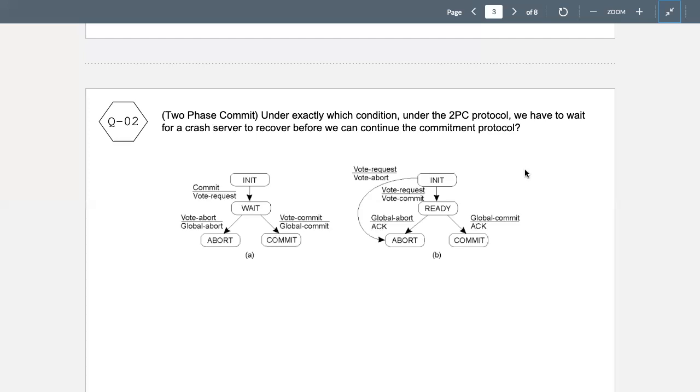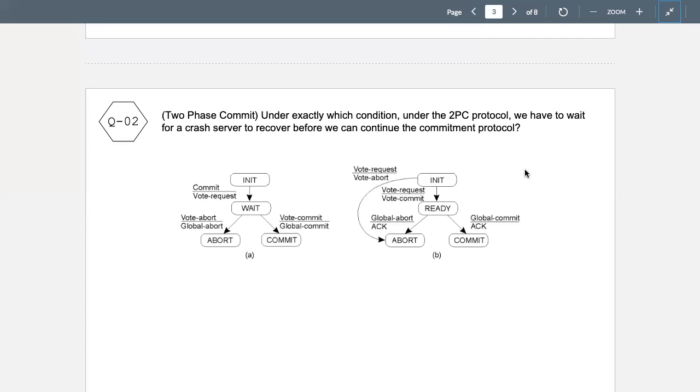All the good servers are all in wait state, and then there is one server which has crashed, so we don't know its state. And we don't know the coordinator or the client, who also crashed. In that case, that is the only condition where we don't know how to move forward. If you remember my lecture, for the other conditions we have a way to resolve, but this is exactly the condition where we get stuck. Okay, so that's the question we try to ask.